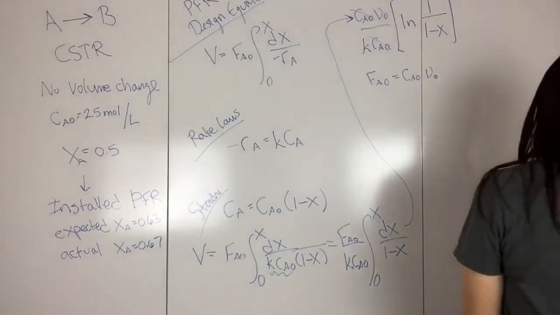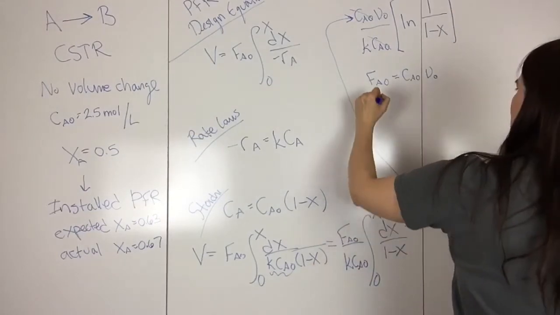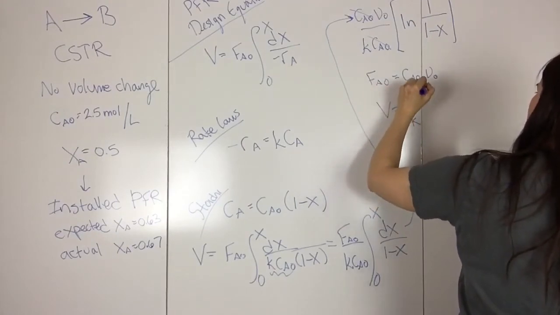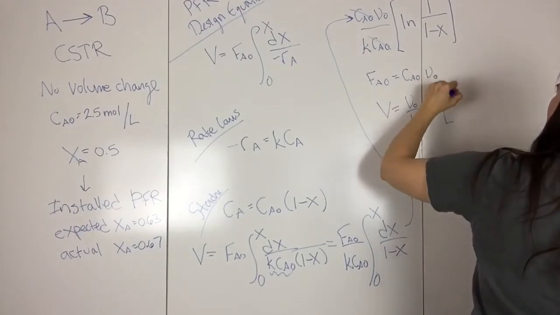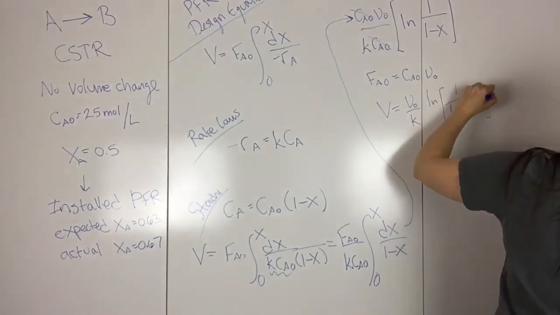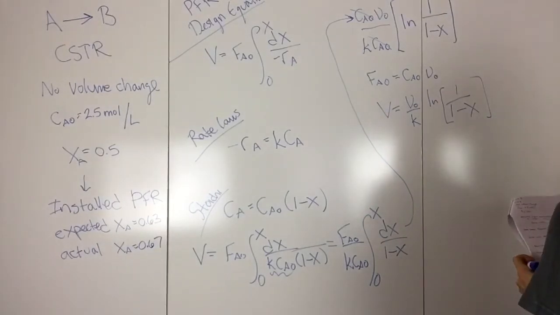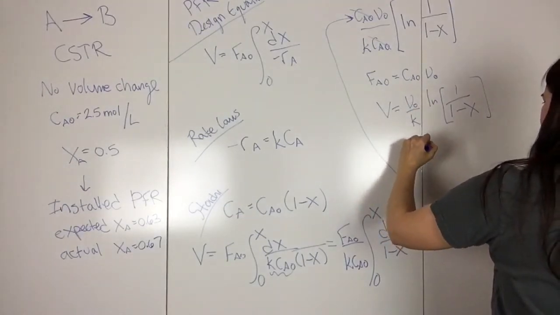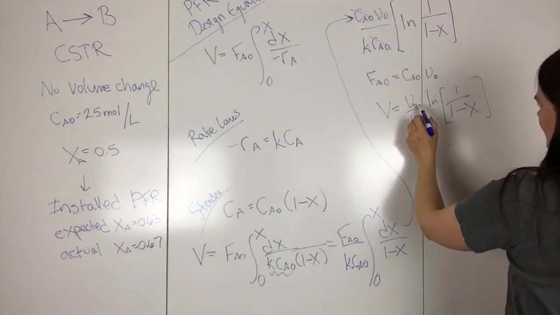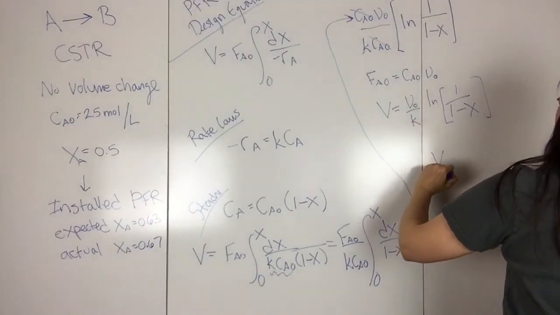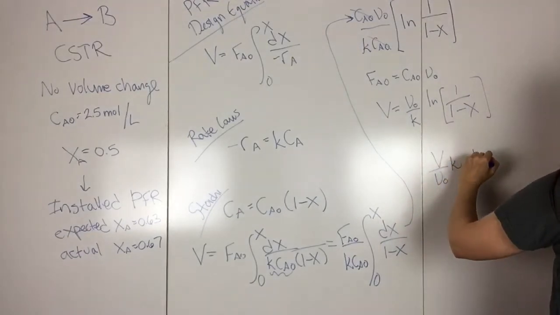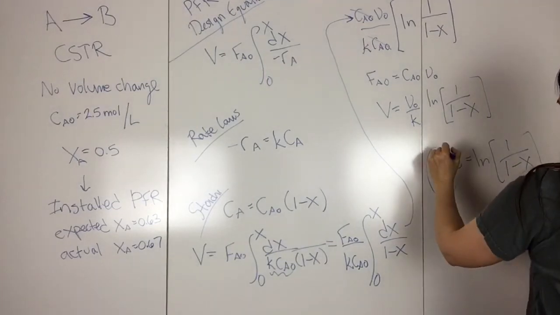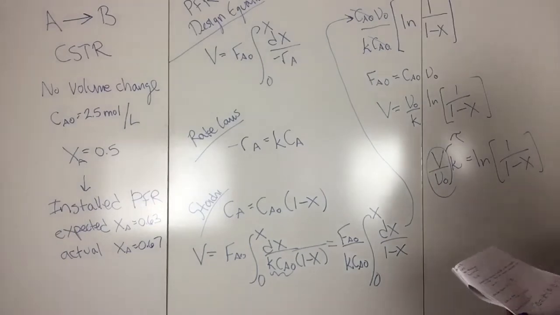So that cancels out, and we're left with V is equal to v_0 over k multiplied by the natural log of 1 over 1 minus X. Then we can rearrange this: multiply the k over and divide v_0 over, so we get V over v_0 multiplied by k equals the natural log of 1 over 1 minus X. And we know that V over v_0 is tau, which is space-time.